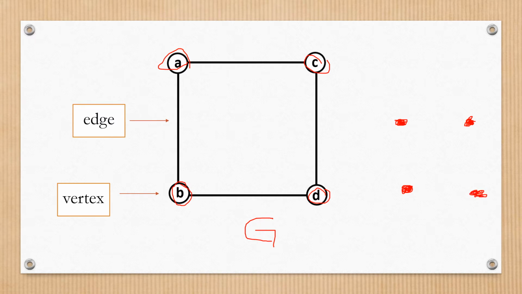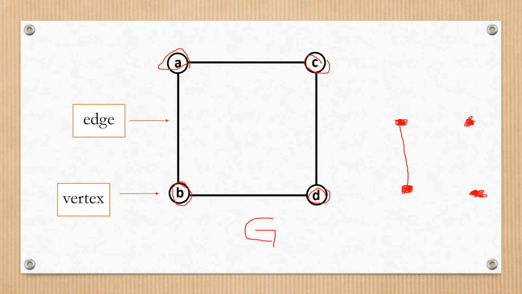So these are the vertices in this particular graph, which is graph G. So we have vertex A, B, C, and D. And these vertices are being connected.